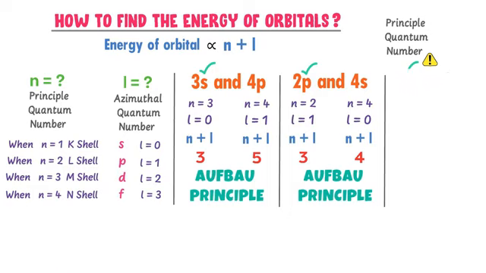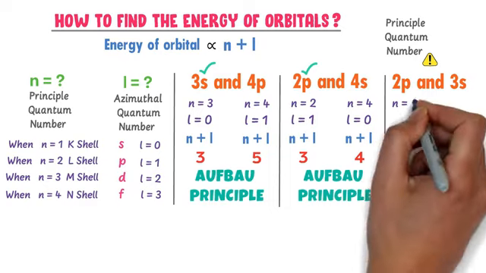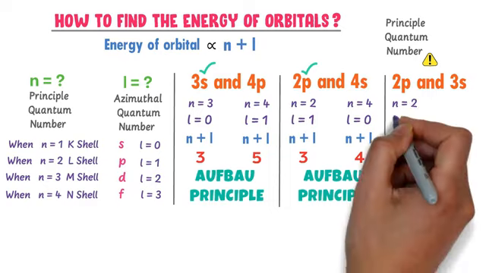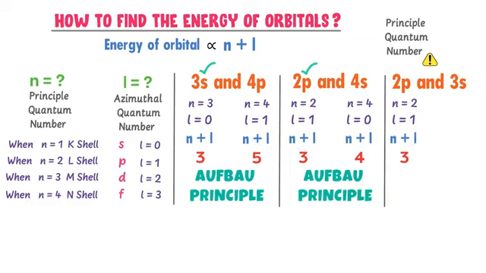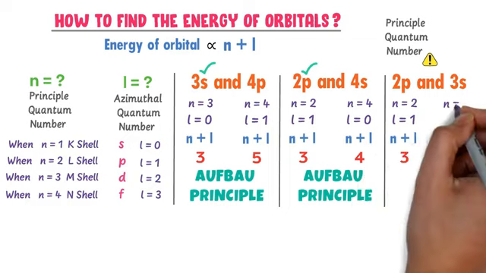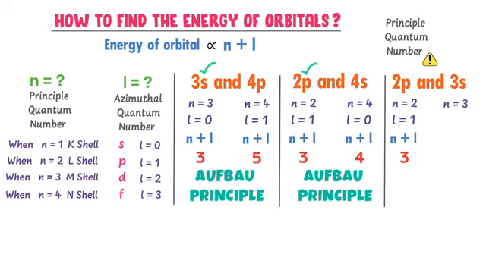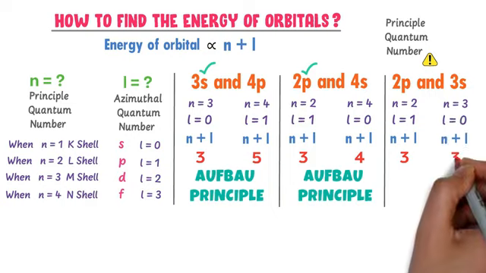One last special case is 2p and 3s. In case of 2p, n is equal to 2, for p, l is equal to 1, so n plus l is equal to 3. In case of 3s, n is equal to 3, for s, l is equal to 0, so n plus l is equal to 3.